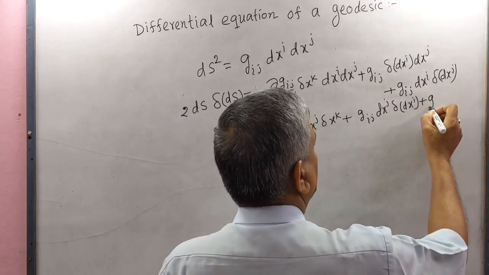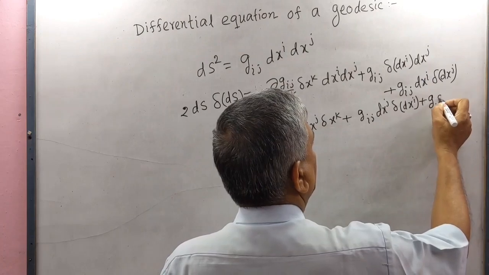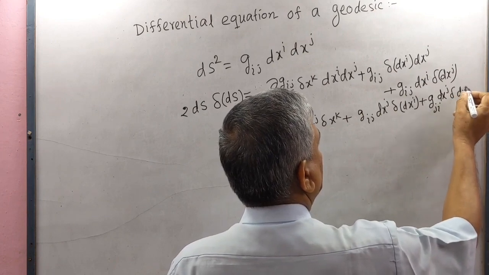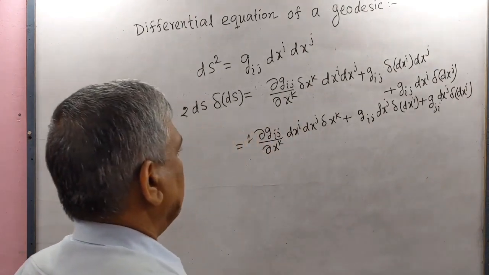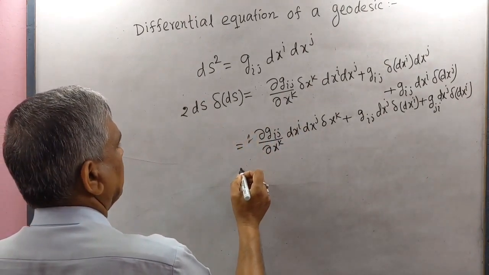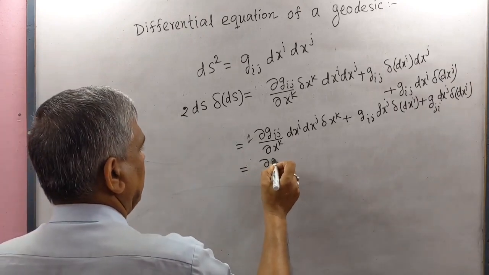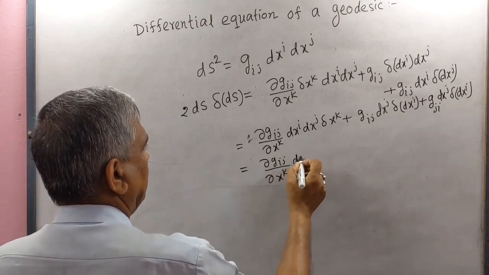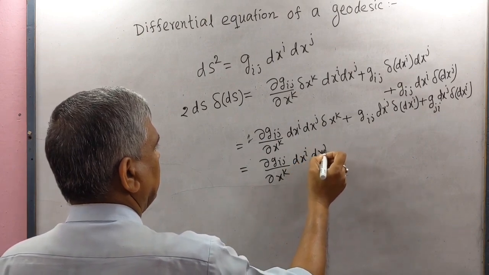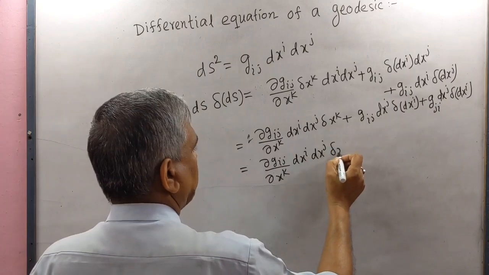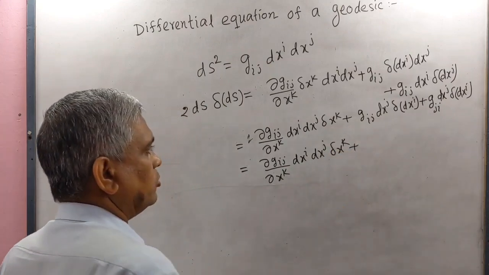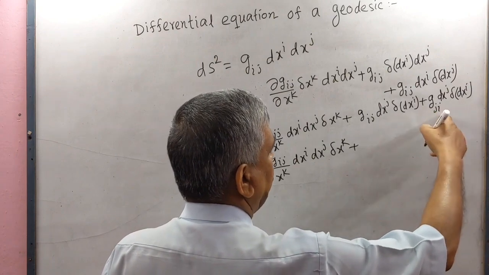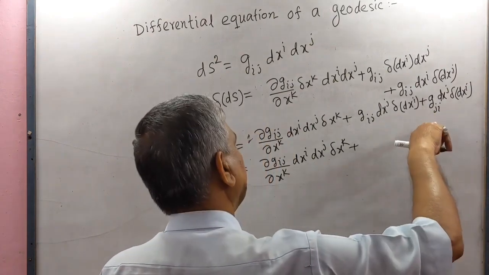So we get gji dxj delta dxi equal to del gij by del xk dxi dxj delta xk plus, two terms are same, so we write 2, same in the sense that gij is symmetric, so gij equal to gji.